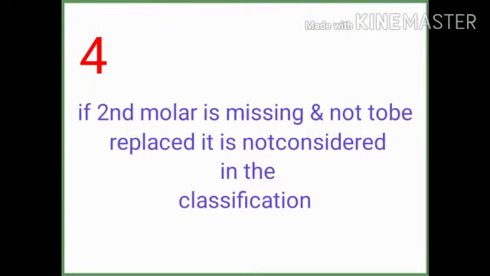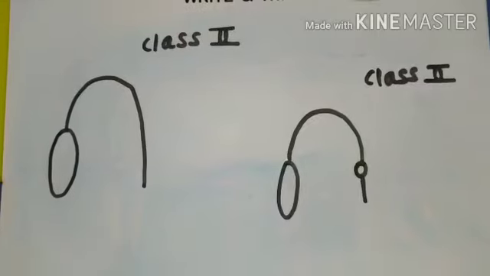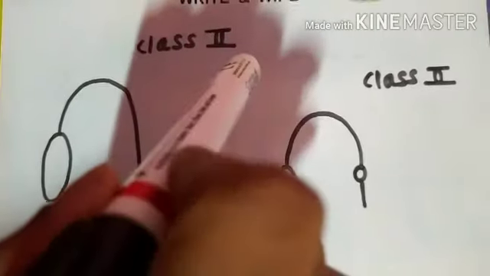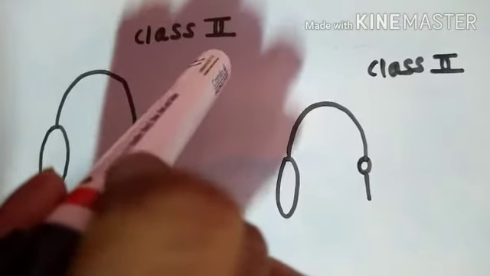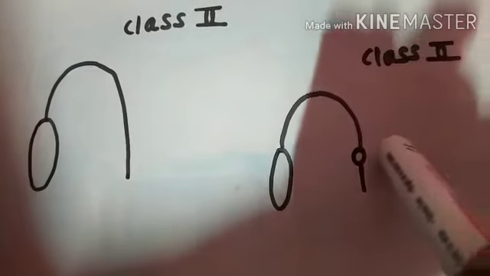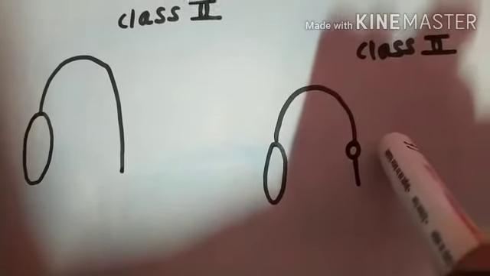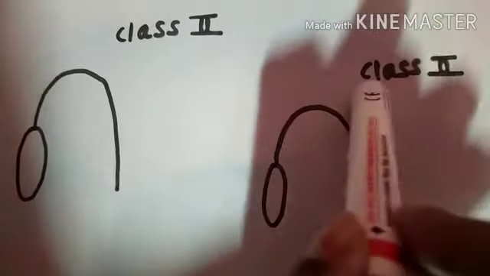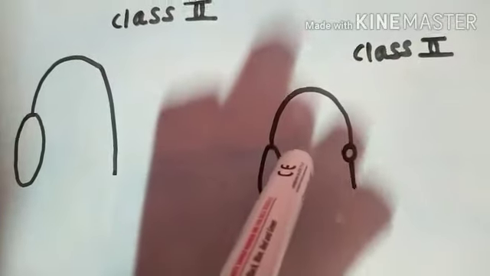The fourth rule is if the second molar is missing and the patient is not willing to replace it, then it is not considered in the classification. As we have already learned, a unilateral edentulous area represents a class 2 type of Kennedy's classification. But if the second molar is missing on the right side of the arch and the patient doesn't want to replace it, the classification still remains the same, that is a class 2 classification.